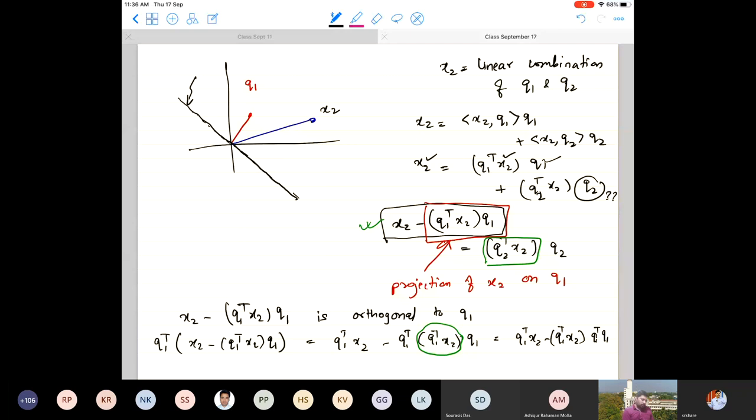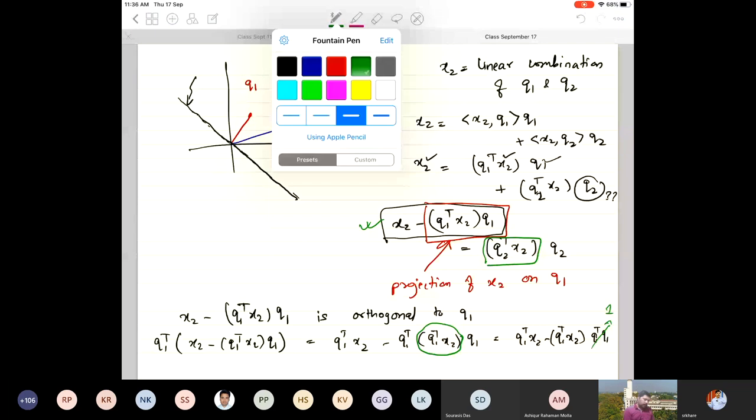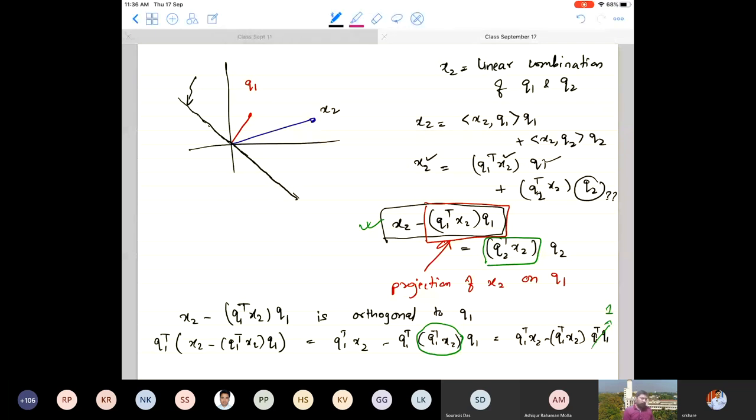So this is the scalar 1. What you are left with is q1 transpose x2 minus q1 transpose x2, which is equal to 0. So you have shown that q1 and x2 minus q1 transpose x2 q1 are orthogonal to each other.